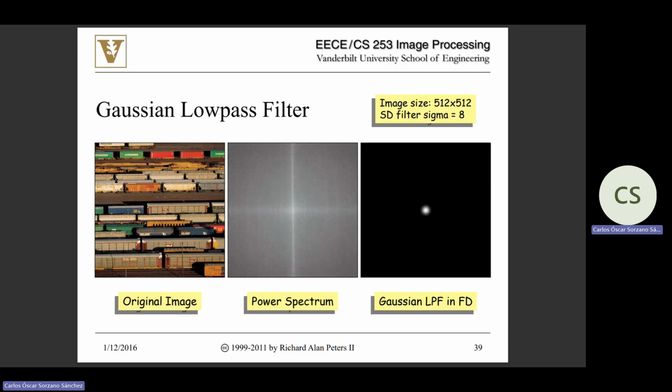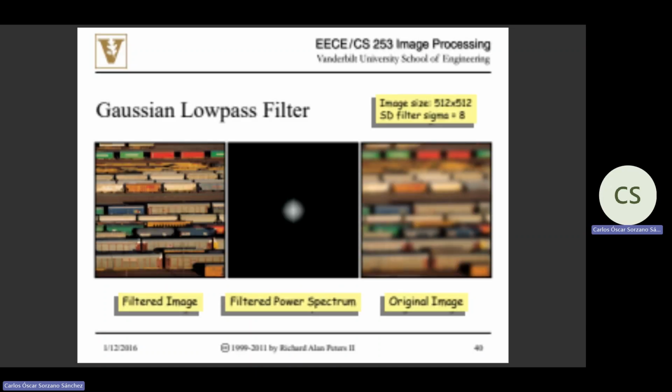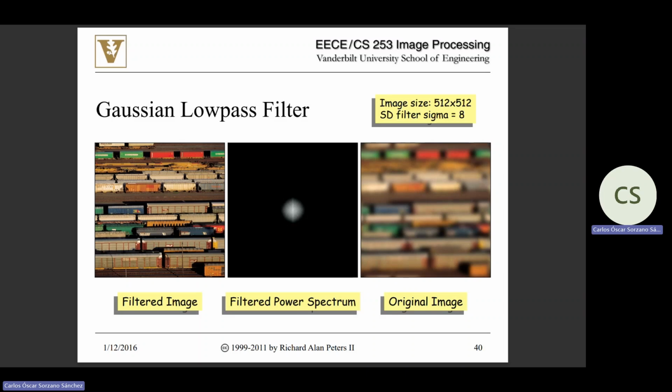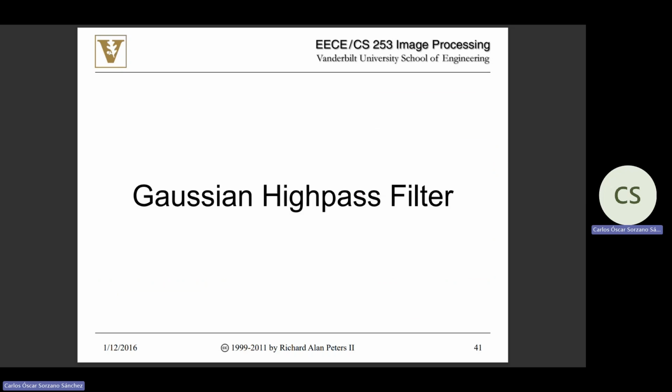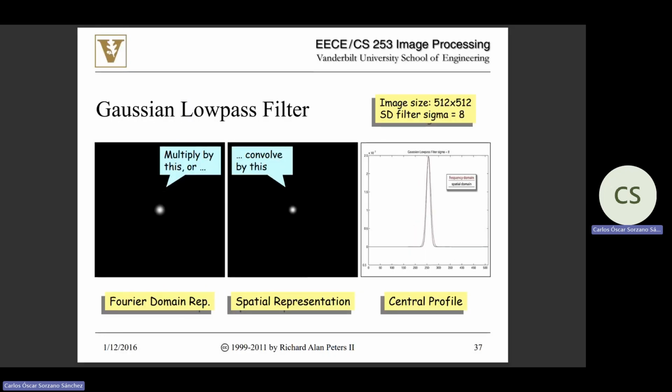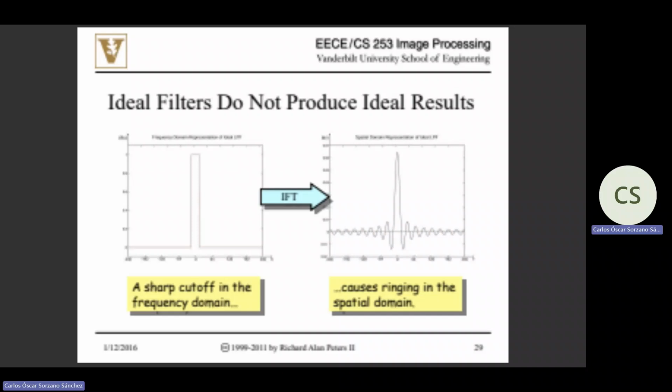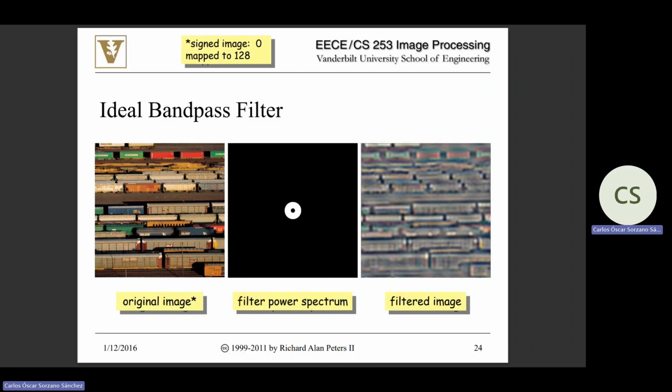So let's see some examples. Let's say we have that image. This is the original power spectrum. This is the low pass filter. Now you multiply the power spectrum, or the Fourier transform, by the low pass filter, and you invert, and then you have this blurred image, blurred with the Gaussian, and you can compare to the ideal low pass filter that we have covered.